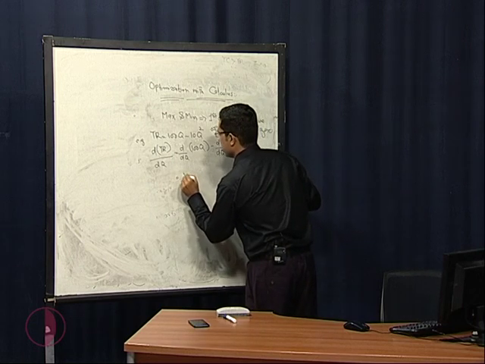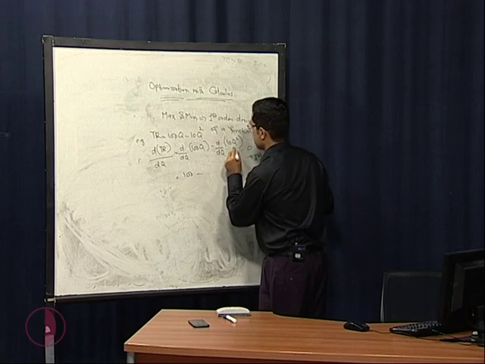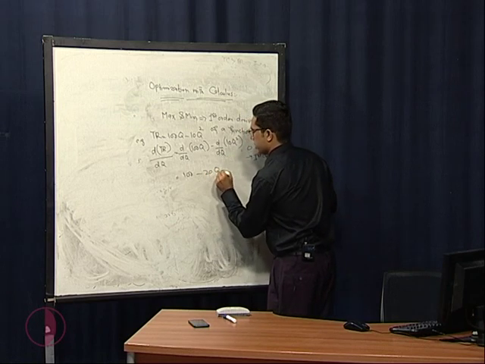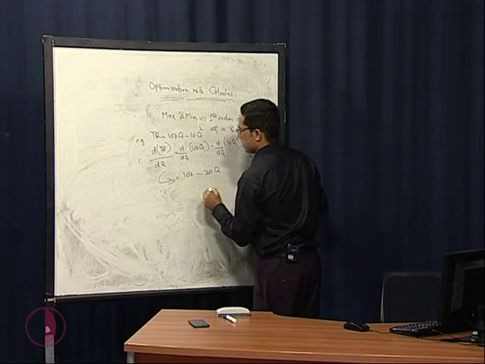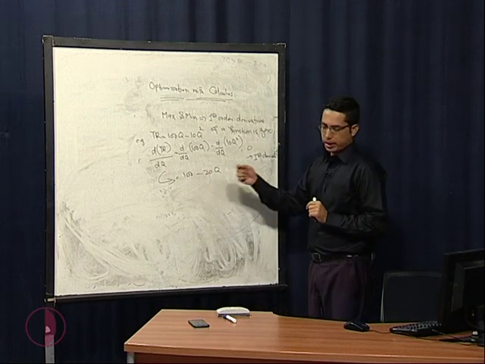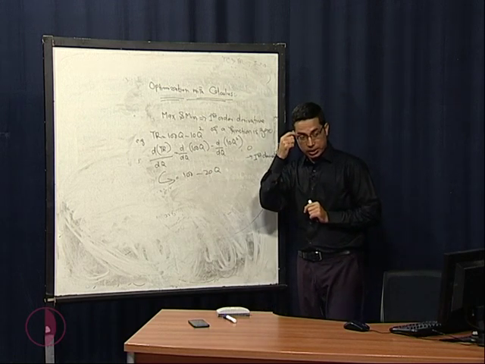We get 100 minus 20 Q. This is the first order derivative, 100 minus 20 Q.